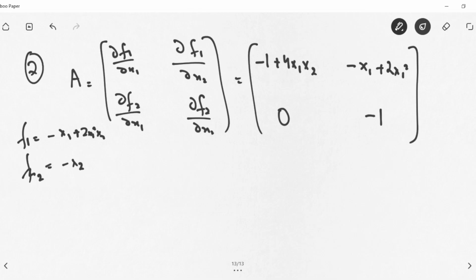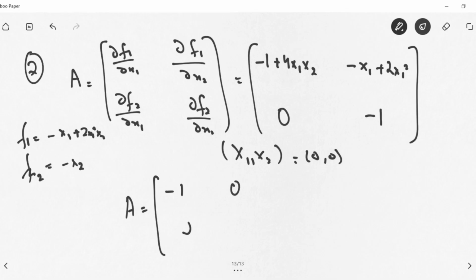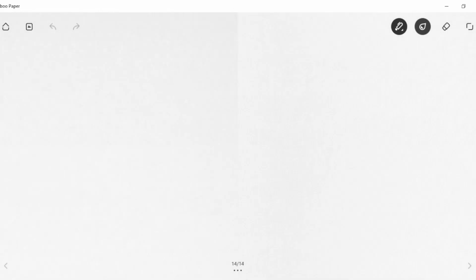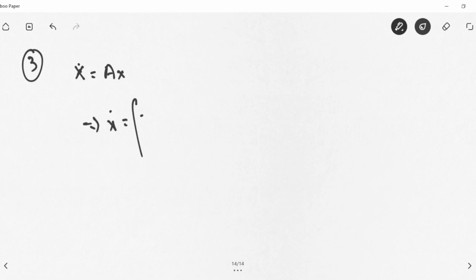So substituting x1, x2 equal to 0, 0, the A matrix that we'll be getting is [minus 1 0; 0 minus 1]. So the linearized model is x dot equal to Ax, for this particular case x dot equal to [minus 1 0; 0 minus 1] x.